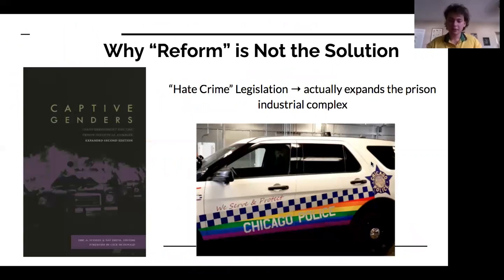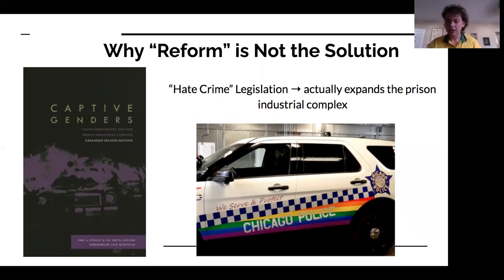And so at this point, I want to come back to addressing solutions to LGBTQ rights issues from an abolitionist perspective and talk a little bit about the ineffectiveness and sometimes even harmful effects of a lot of recent reform efforts. An example of this reformist legislation is hate crime legislation, which increases prison sentences for people who have been found guilty of attacking or killing an LGBTQ person because of their identity.